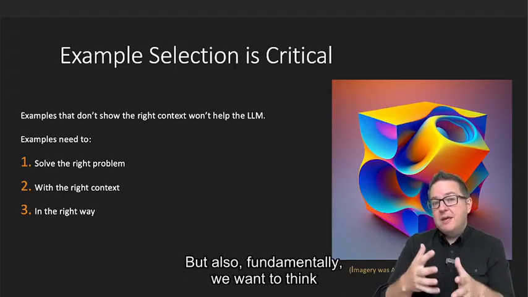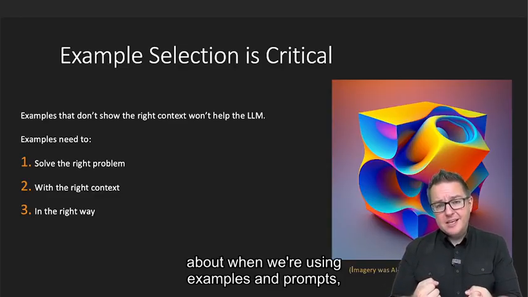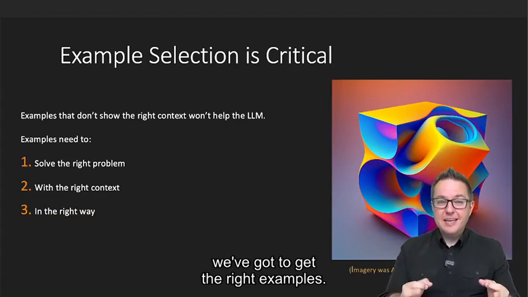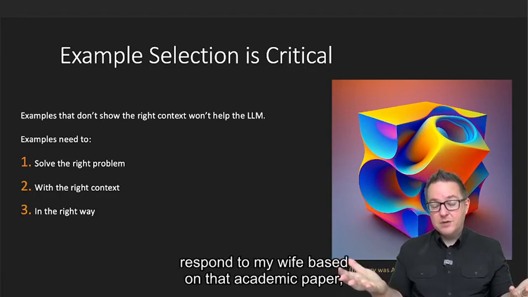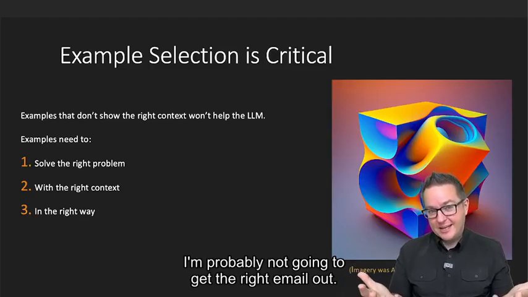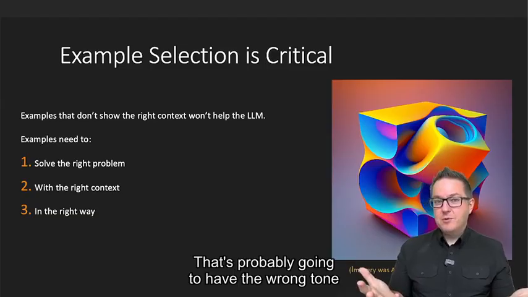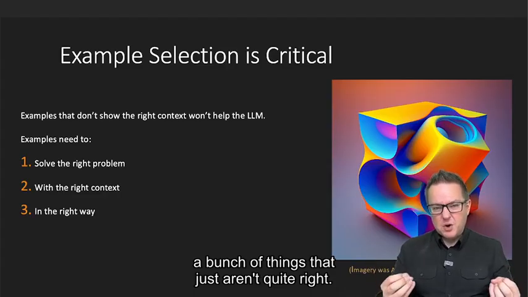But also fundamentally, we want to think about when we're using examples and prompts, we've got to get the right examples. If we give it the wrong examples, like an academic paper, and then we say, respond to my wife based on that academic paper, I'm probably not going to get the right email out. That's probably going to have the wrong tone, the wrong content, a bunch of things that just aren't quite right.